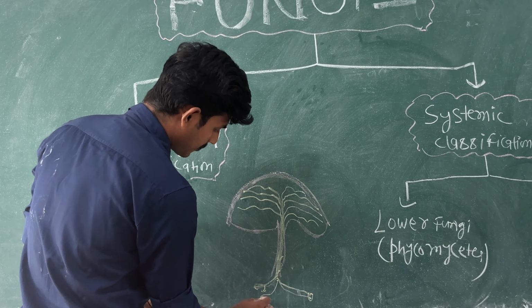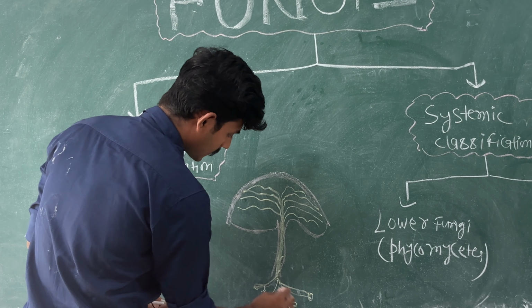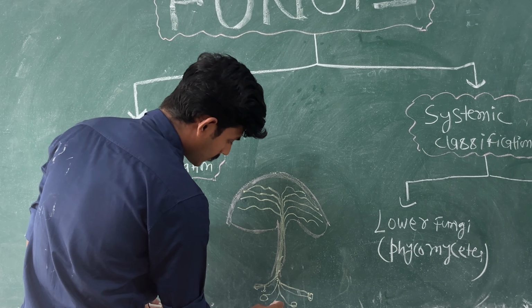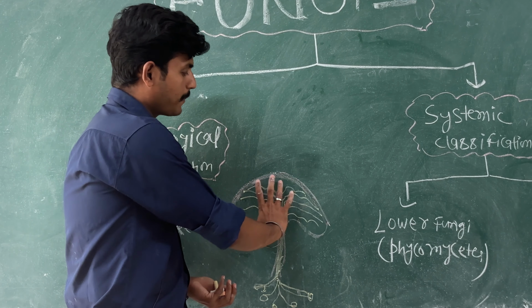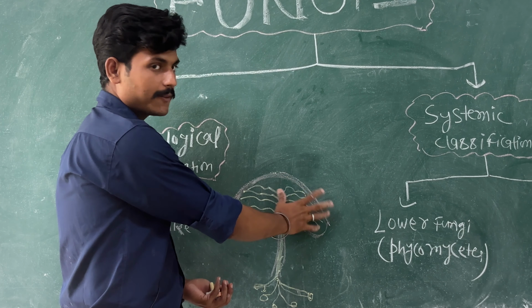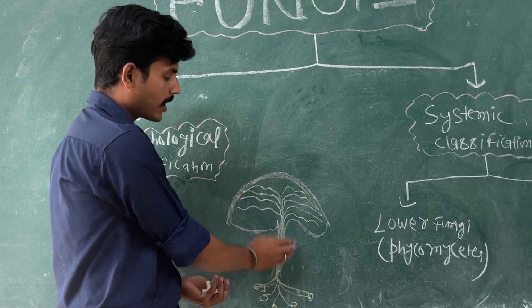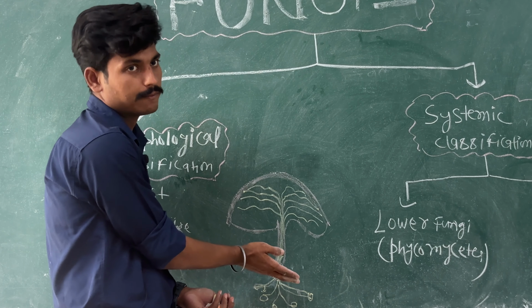I am drawing a very simple diagram. So this is one typical structure of the fungi. This is called the reproductive part of fungi. This is called the vegetative part of the fungi.